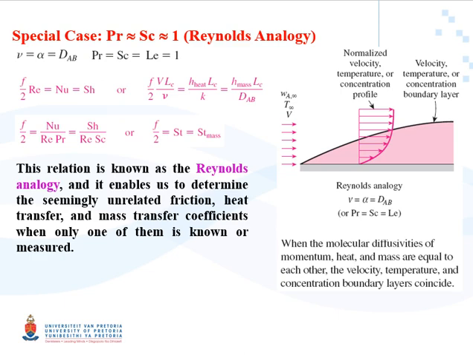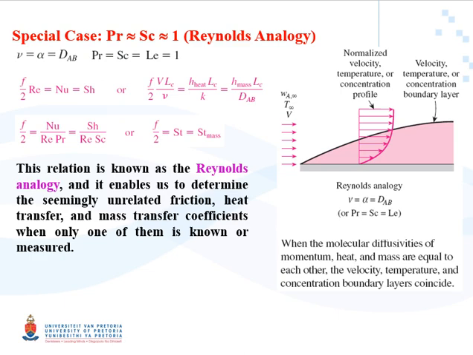So let's talk about the Reynolds analogy and see how we can extend it to mass convection, and after that we are just going to talk about Chilton-Colburn. For Reynolds analogy, Prandtl is equal to Schmidt is equal to 1, more or less.